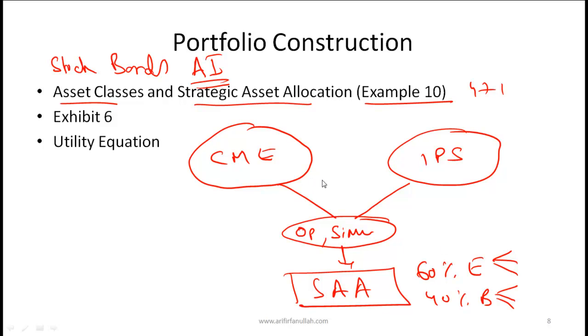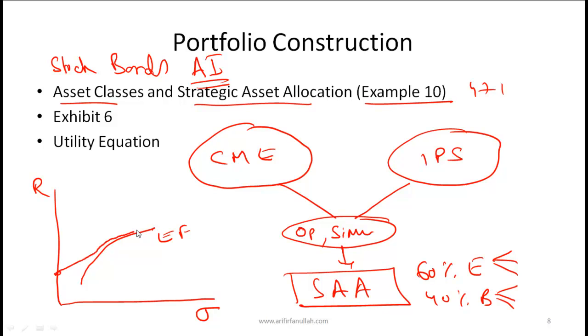Remember, in an earlier lecture I talked about combining details of the market with details of the investor. In terms of the capital market expectation, if we look at risk versus return, the capital market expectation allowed us to create an efficient frontier, and then based on the risk-free rate and the efficient frontier, we created this capital allocation line.